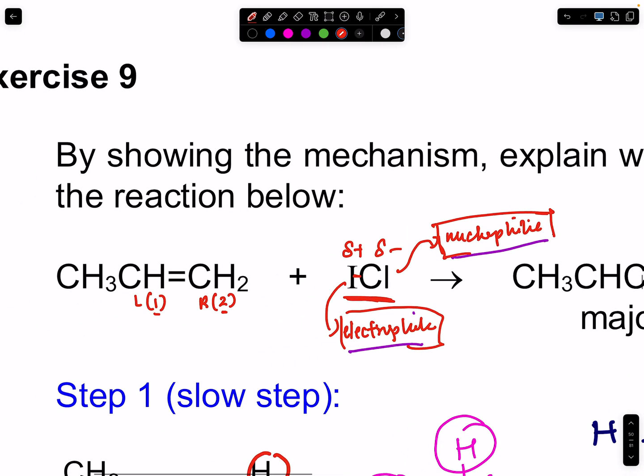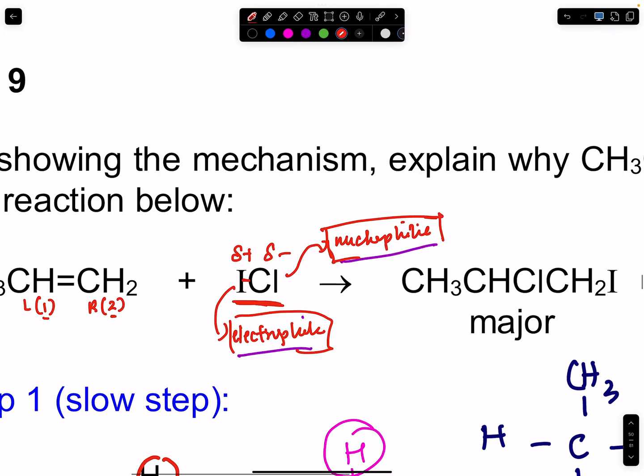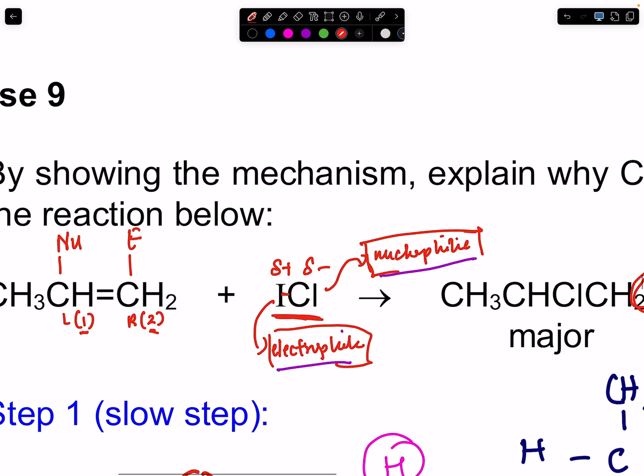If you take a look at your product, can you see that the iodine, the electrophile, will go to the side with more hydrogens? And this is where the nucleophile will end up. So this is how you do it quickly. You label the number of hydrogen atoms on each doubly bonded carbon atom. Then the one that has more hydrogen atoms will receive the electrophile, while the one that has fewer hydrogen atoms will receive the nucleophile.